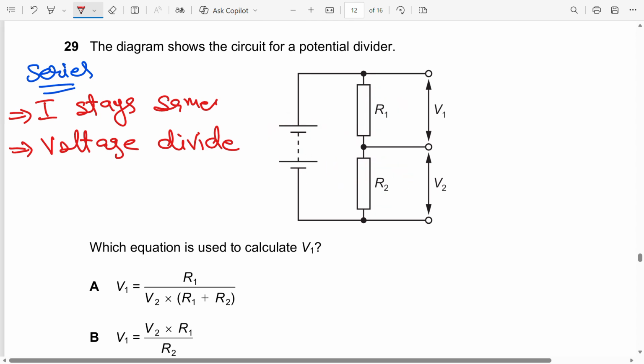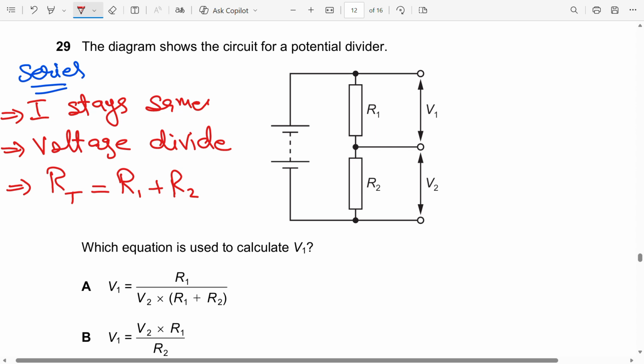If not, then it will be divided in a ratio proportion like 1:2, 2:3, or something like that. That's another discussion which we will have some other time, inshallah. So the total resistance of your series circuit will be equal to the sum of all the resistances, R1 plus R2.